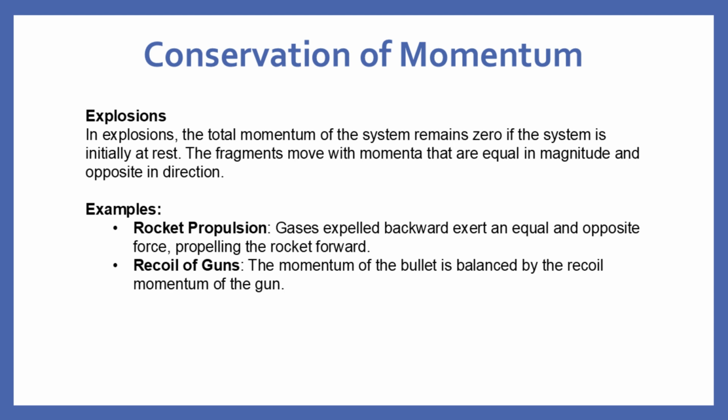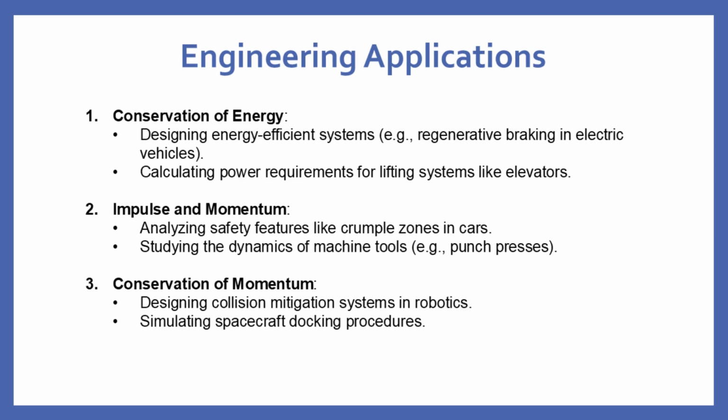Similarly, when a gun is fired, the momentum of the bullet is balanced by the recoil momentum of the gun, demonstrating the conservation of momentum. The principles of momentum and impulse find applications across numerous engineering disciplines, demonstrating their fundamental importance.